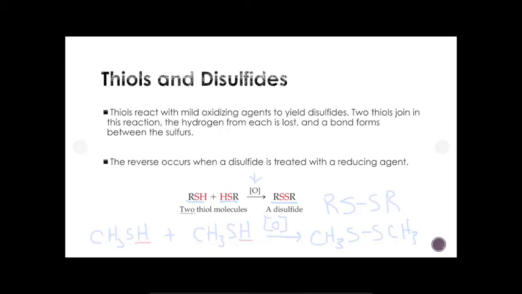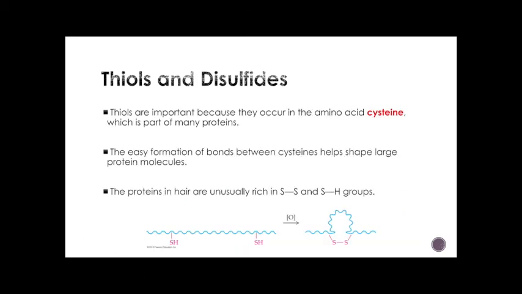Disulfide bonds are kind of interesting. They're important in amino acids, especially cysteine, because cysteine contains a thiol. Disulfide bonds will occur between cysteines to help pull large proteins into shapes they need to be able to function. Just an example with hair: it's rich in disulfide and thiol groups.